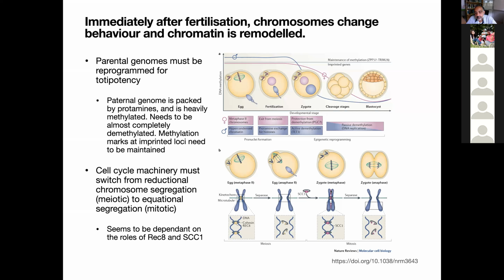SCC1 again complexes with cohesin to wrap around the chromatin, but somehow now triggers this non-reductive, mitotic mode of segregation for the chromosomes.